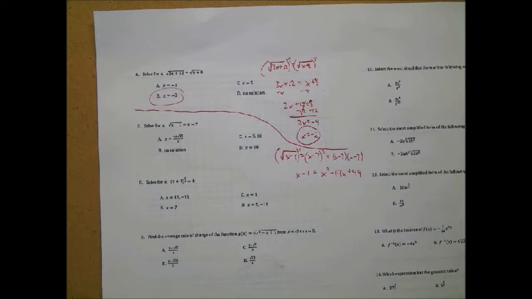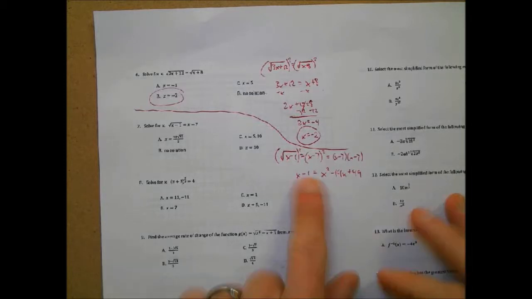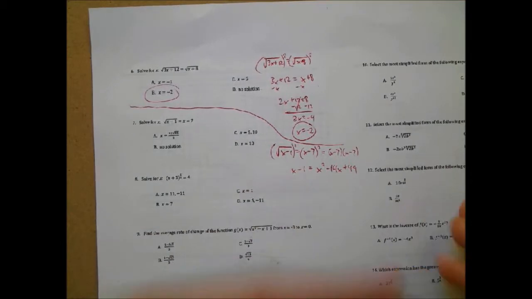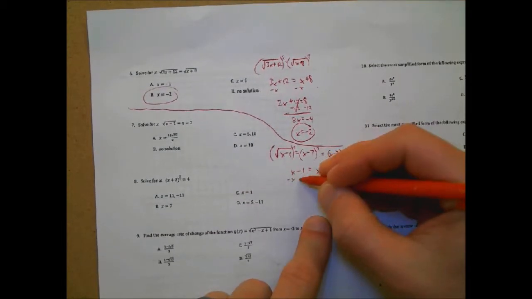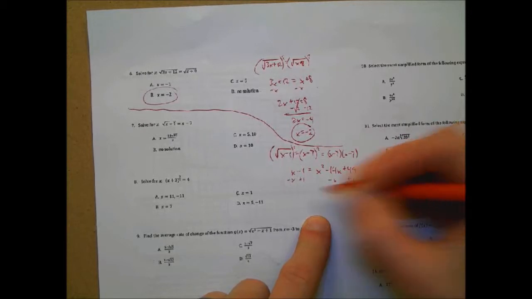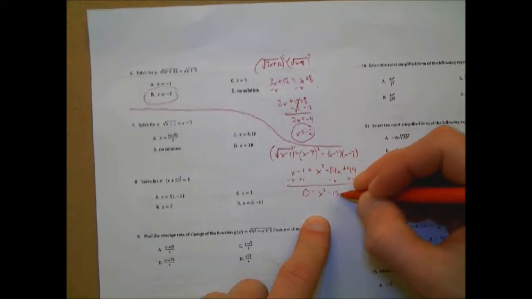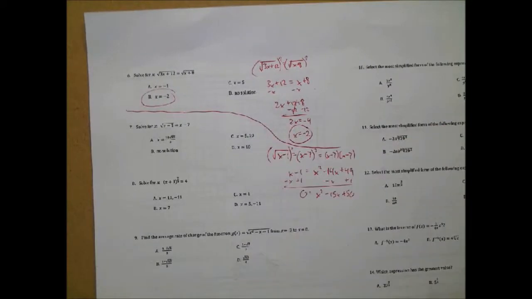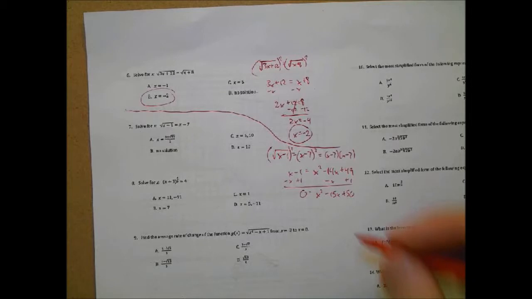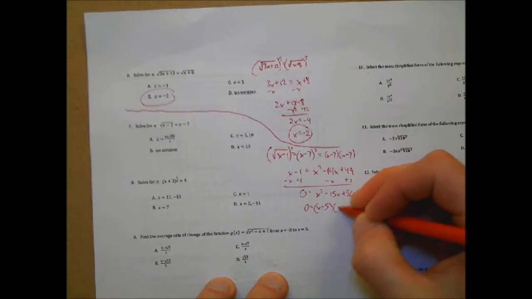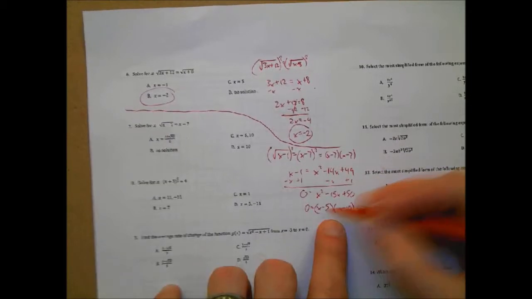And then we want to set it equal to 0. So we're going to subtract them over: subtract x, add 1. And so we'll get 0 equals x squared minus 15x plus 50. And, ooh, it does factor. x minus 5, x minus 10. And so we'll get 5 and 10 as our two answers here.